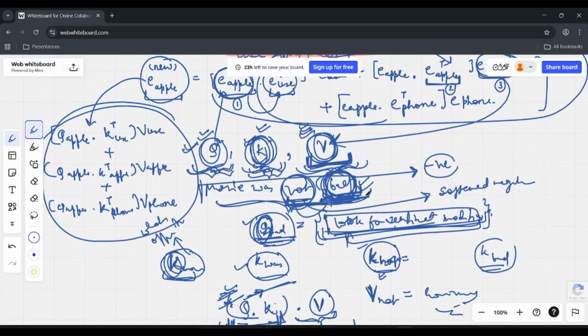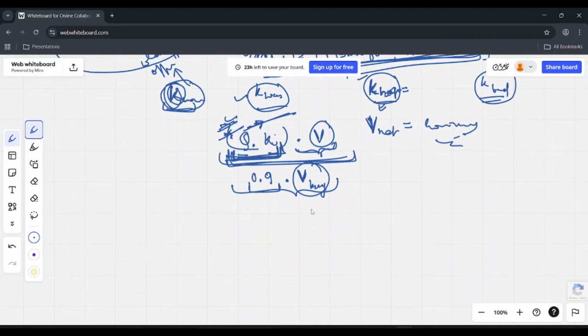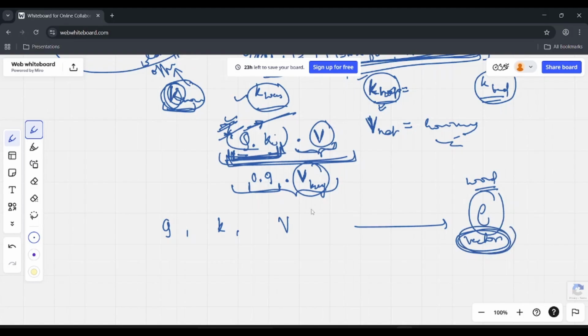Now, how do we find out the query vector, key vector, and value vector from the word embeddings that we have? So this is one vector, and from this vector, we want to find out three different vectors.